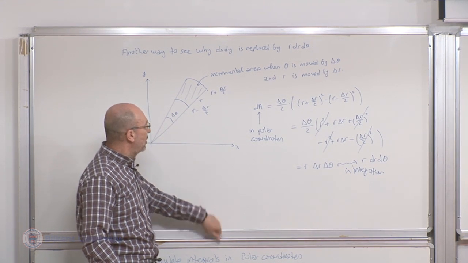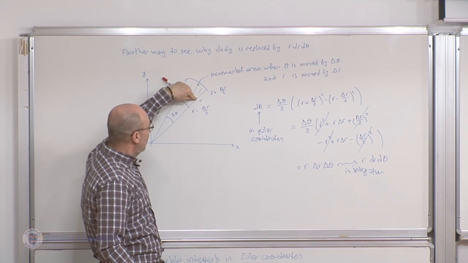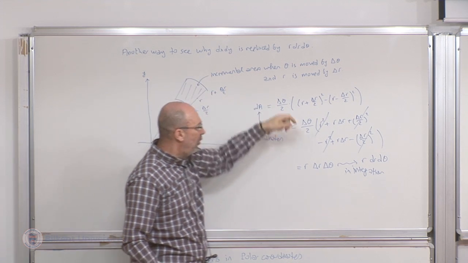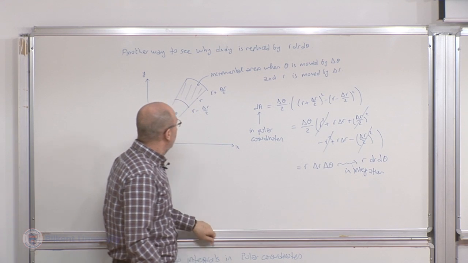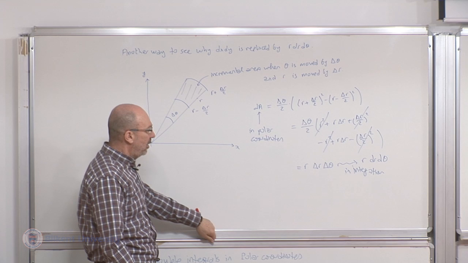Here you would ask why I cheated like this. Why didn't I add delta r directly to this? If I did this, if you follow the arguments, I'll have this plus, I think, delta r square times delta theta.